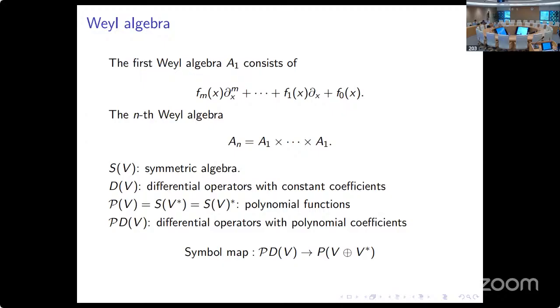I will write this in a very abstract way, but you can think of this V as just Rn, and V star is just identified with Rn using an inner product. You let differential operators act just by taking derivatives, and the variable itself by multiplication, on the Schwarz functions of Rn. That exactly defines this representation.